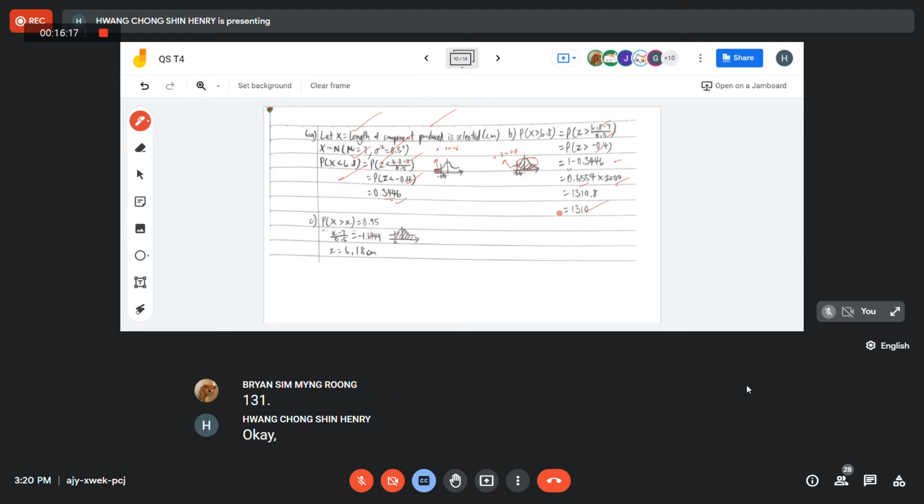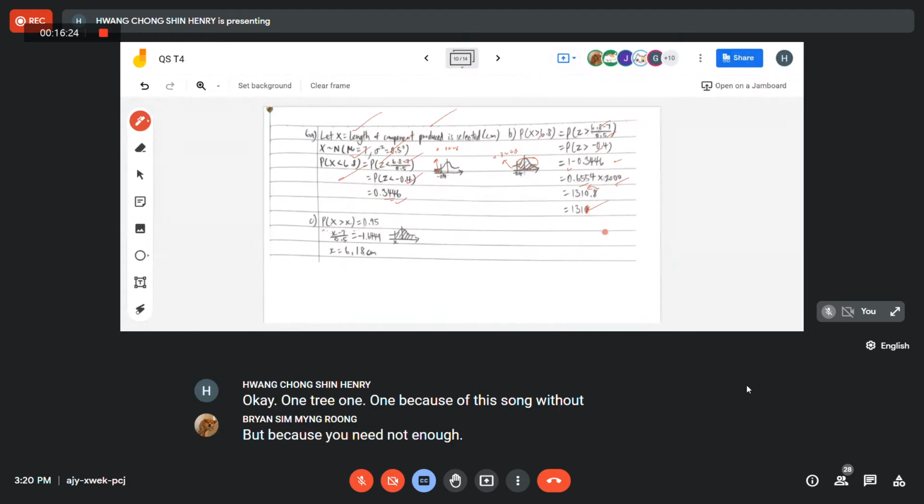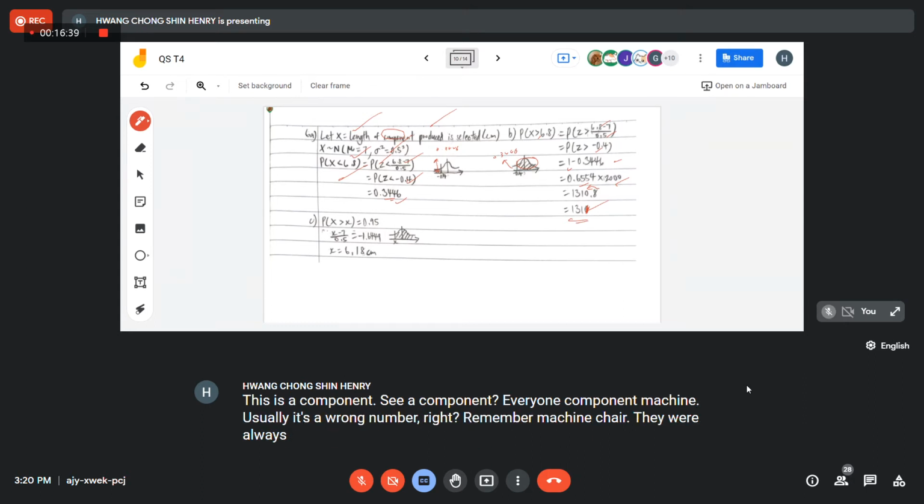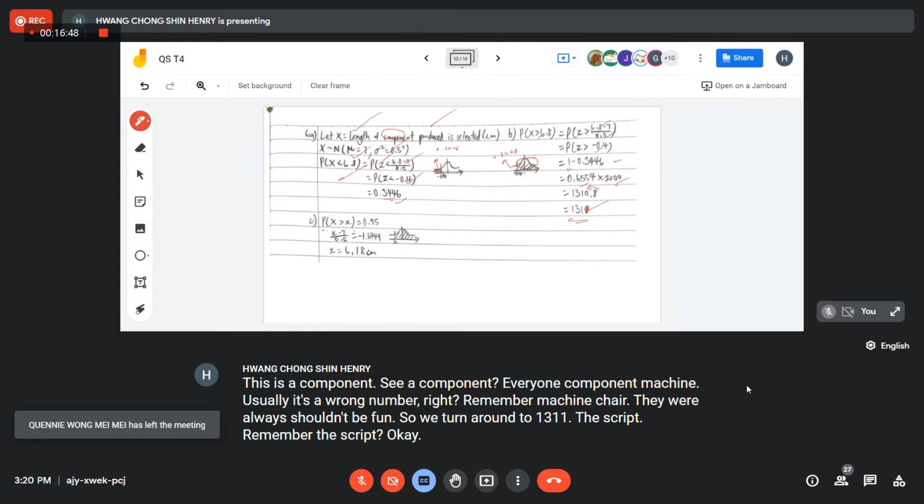Okay, 1311 because of this rounding. Because the unit is not enough. Never mind, 1310.8 so you change to 1311 now. Okay. This is a component. See, a component, everyone, component or machine is usually a round number, right? Remember, machine, chair, table, all this shouldn't be in point form. So we try to round it to 1311 now. Discrete. Remember discrete?